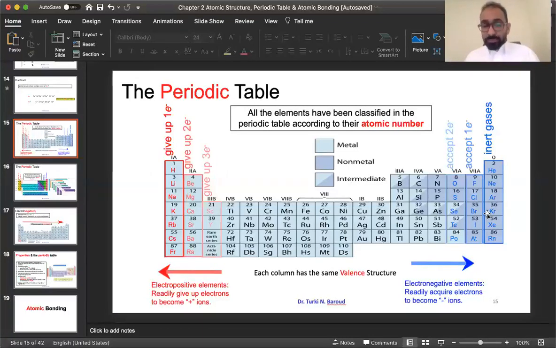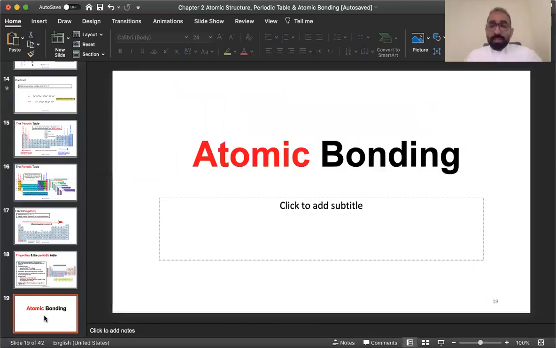This is why the elements will get into reactions. If a reaction will increase their energy, they will not get into that reaction, so they will not form any bond with a certain material.